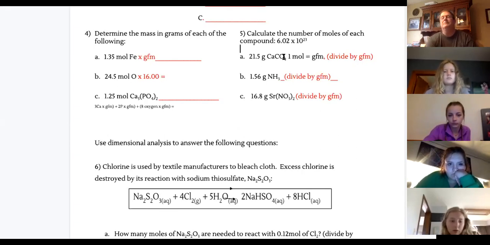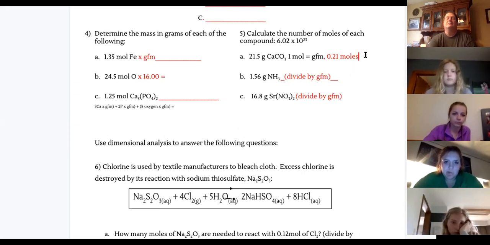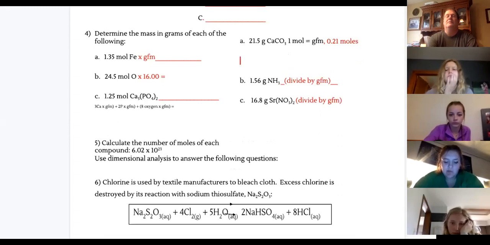Is it 0.21? Anybody else get that? It's made out of 1 calcium.